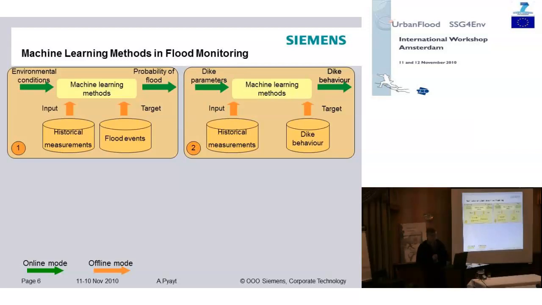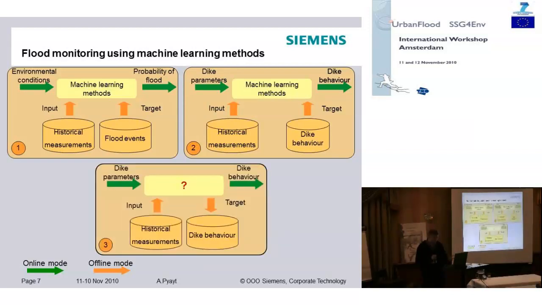Or we can use classical neural network using training set, using dike behavior to solve this task of abnormal behavior. But what to do if we have no abnormal behavioral patterns? How to solve this task in this case? I will tell you about it in later slides.